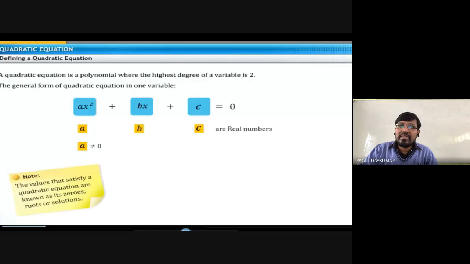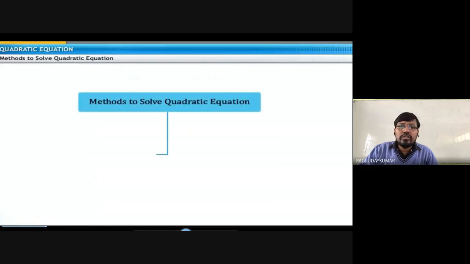They are roots or solutions. Do remember that zeros should be used in the case of a polynomial, and root and solution should be used in the case of an equation.